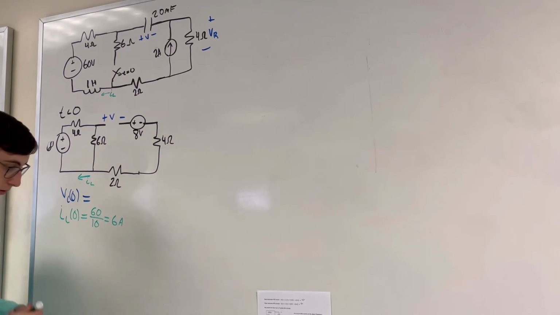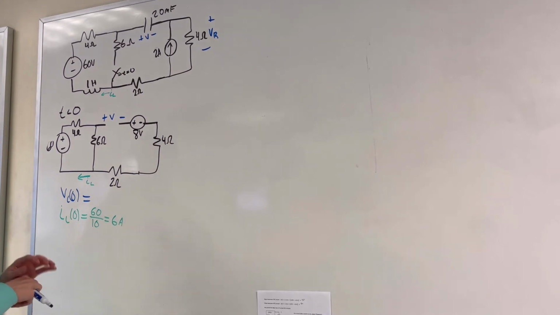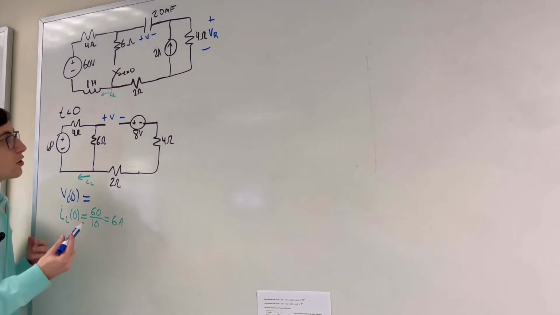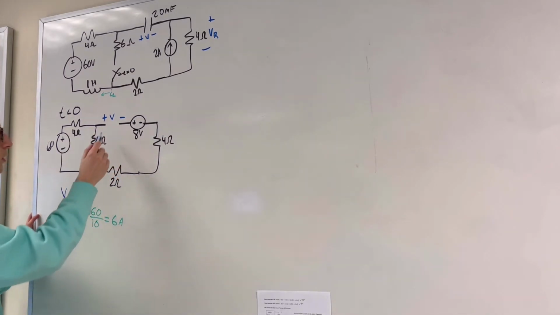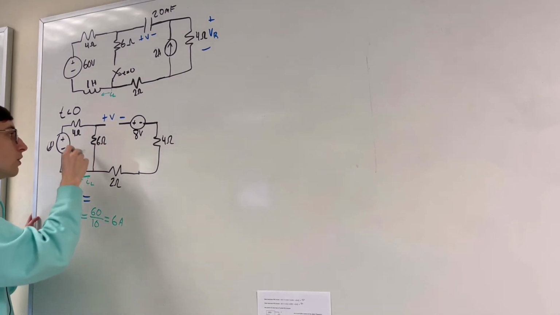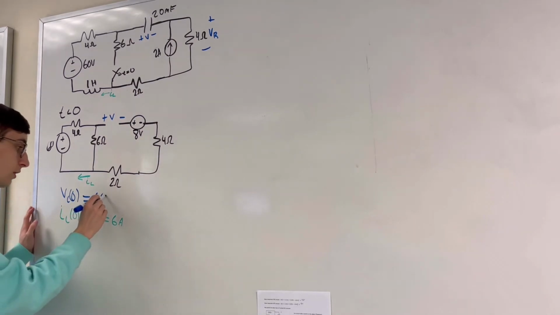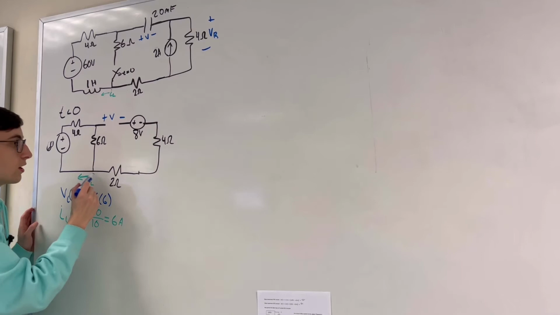And VC of 0 is sort of easy to see. You just have to see the KVL loop. So we're going to start up here and go this way. We have the voltage across this resistor, so that's just going to be 6 times IL, which is 6. Then we're going to go down over here.